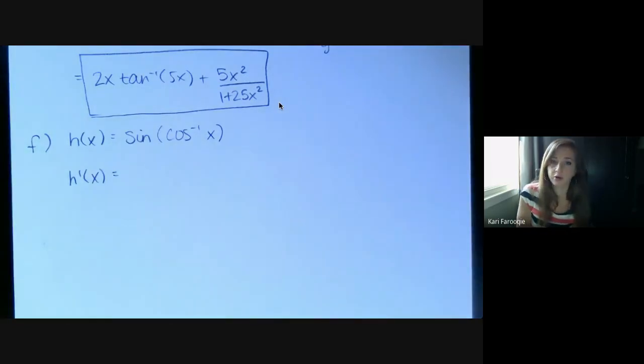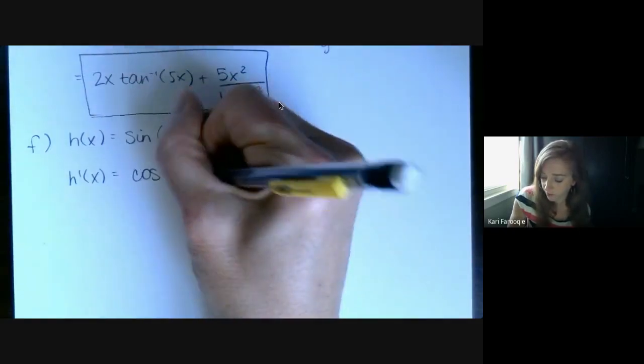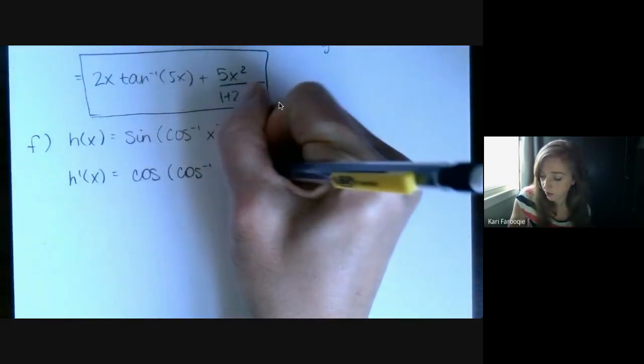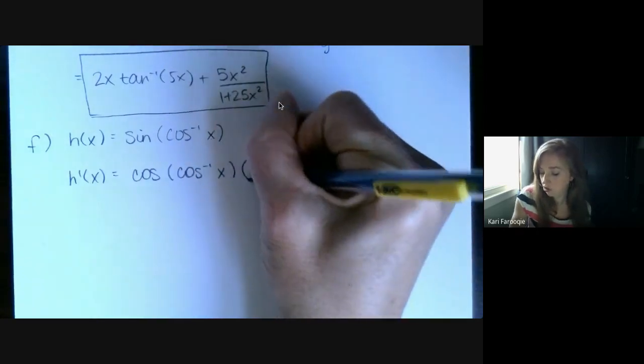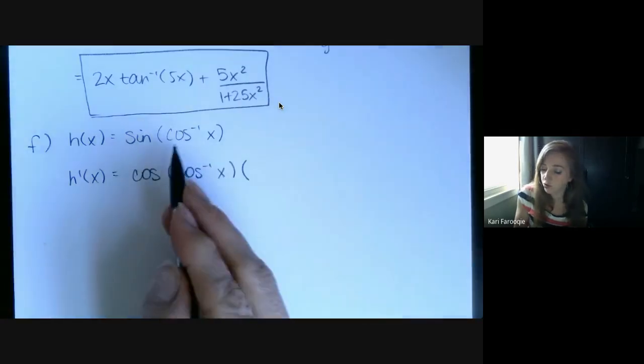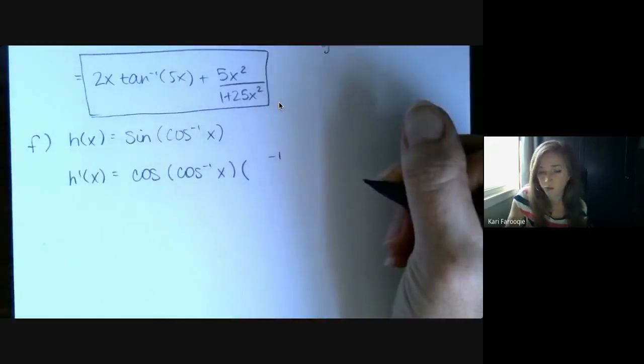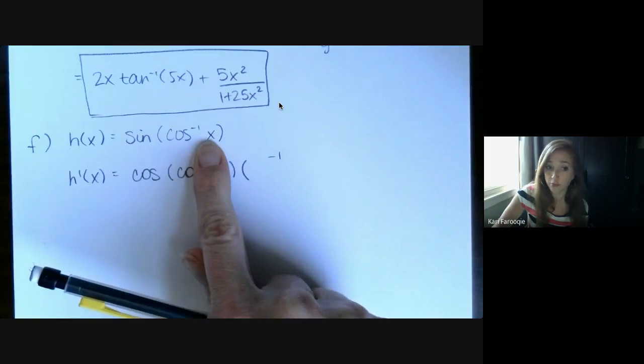Okay, so notice you're going to need the chain rule. You're going to take the derivative of the sine as though you have sine of x. But then you're going to chain on the derivative of the inside function. Okay, so here we go. Ready? The derivative of sine x is cosine x. So the derivative here is going to be the cosine. Leave the inside function the same. Chain on the derivative of the inside function. So the derivative of the inverse cosine of x, well, it's a cosine, so it's negative u prime.